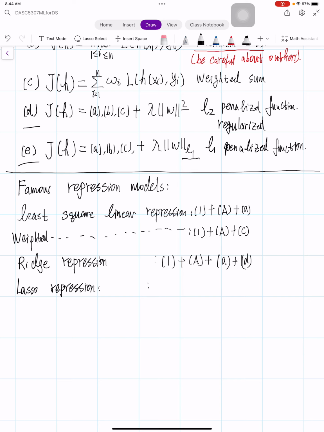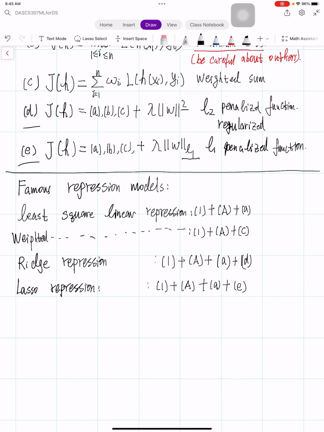Lasso regression is you consider the function form and the squared error loss, but you give the penalty. You choose the L1 penalty, so E. So this gives the lasso regression.